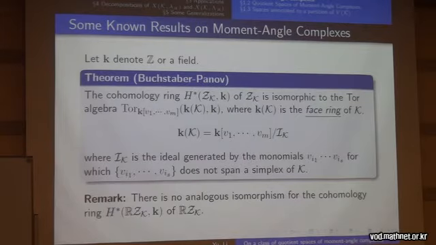Here are some known results on moment-angle complexes. First, this is by Buchstaber and Panov: the cohomology ring of the moment-angle complex of K is isomorphic to the Tor algebra of the face ring of K, where the face ring is defined this way. I think many speakers have talked about this before.